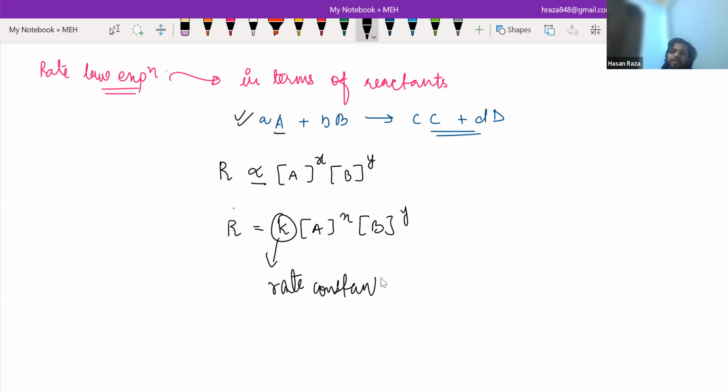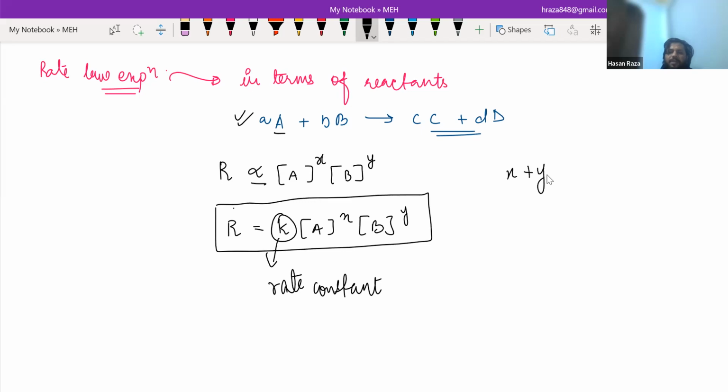If you add the powers x and y of a rate law expression, you will get n, that is the order of reaction. Are you getting my point?